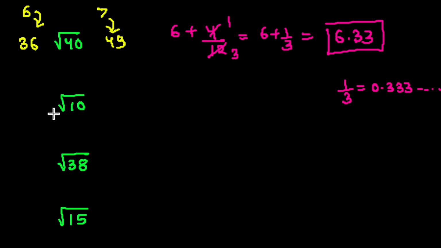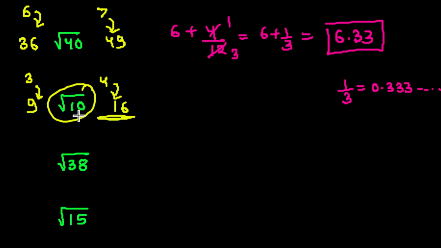So for the square root of 10, the nearest square number is 9, and that is the square of 3. If I see the next number 4, its square is going to be 16. So clearly 10 is in between 9 and 16, and it is closer to 9. The square root of 9 is 3.